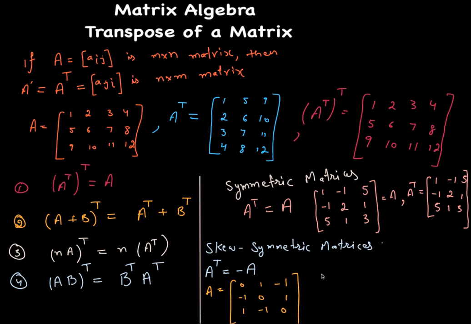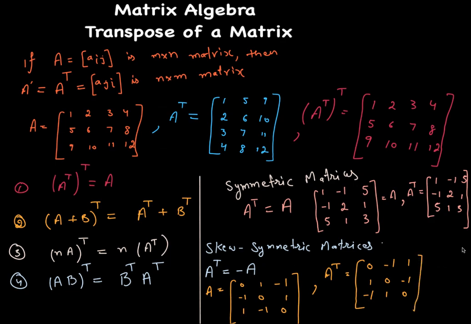Okay, so now if I find the transpose, the row of this is going to be the column of this one, so 0, -1, 1, then 1, 0, -1, and -1, 1, 0.